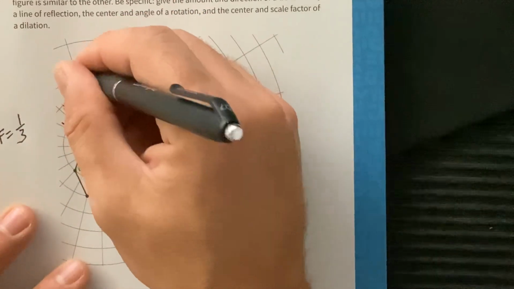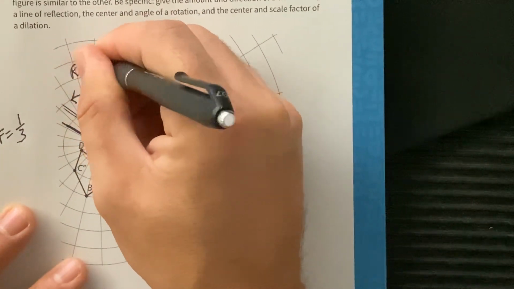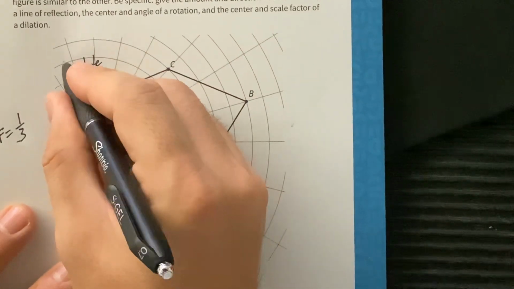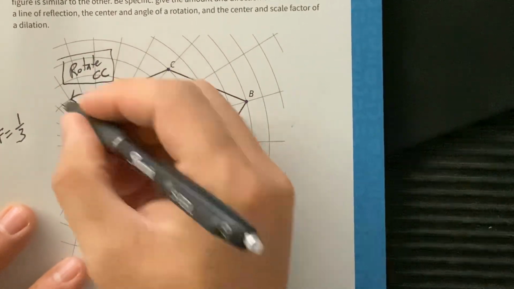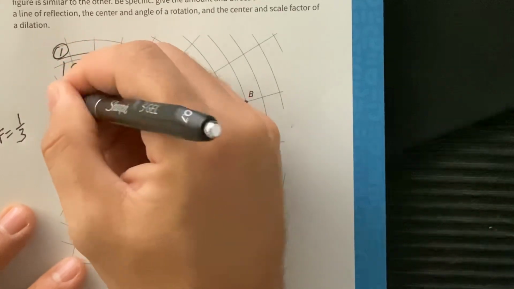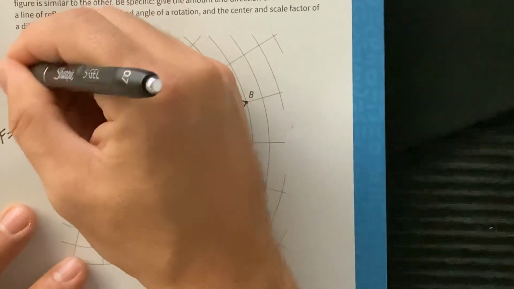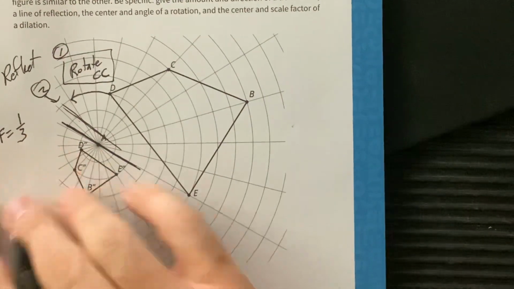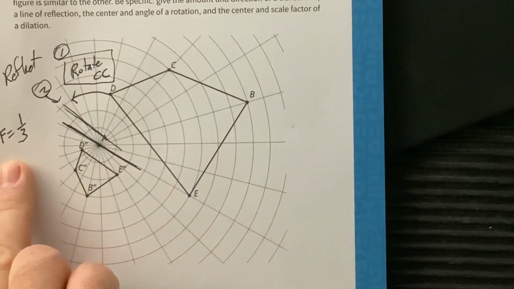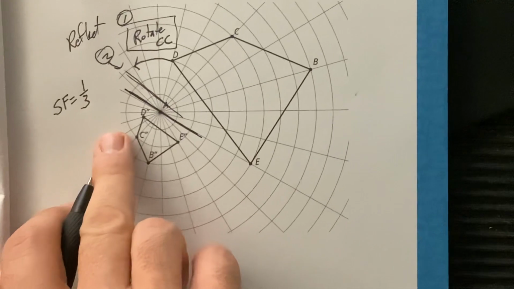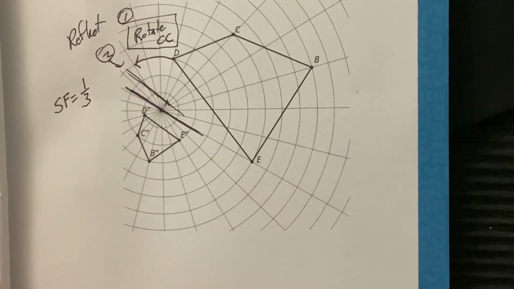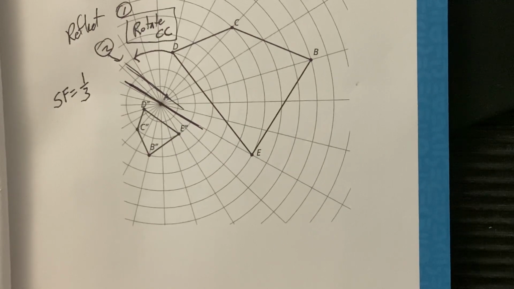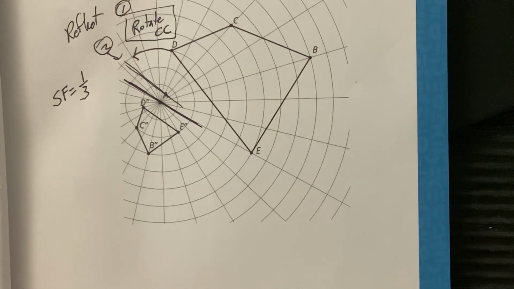You could measure that angle, I'm not very concerned with that. Rotate counterclockwise, that would be step 1. Step 2, reflect across this line, then it'll shift over and then make it a third of the size. It doesn't have to be in that order, but I think that's enough information there with no issues.